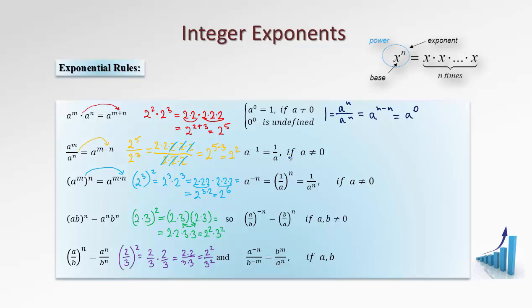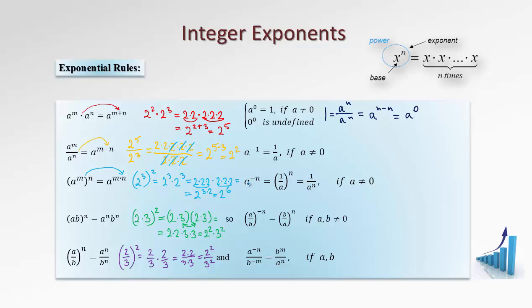Again, this rule works as long as a is not 0, because otherwise we wouldn't be able to divide. The consequence of this rule, together with the power to the power rule, is that a to the negative n is the same as 1 over a to the n.